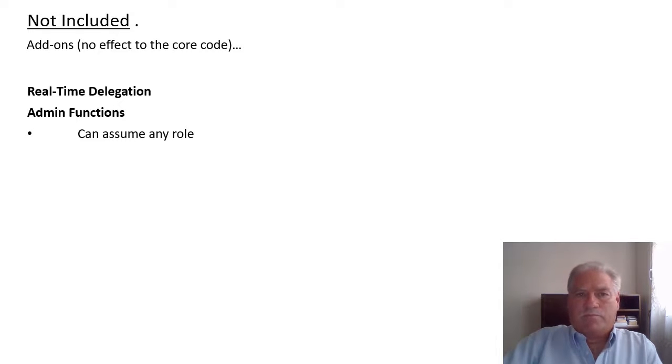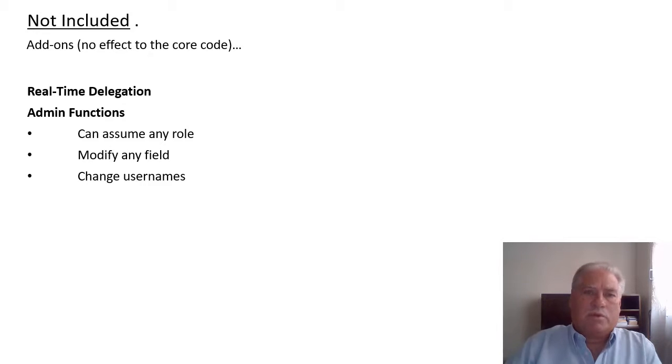Basically, the database administrator could assume any role in the process. Can be useful. Also to modify any field in the document, and that was via the view, or change usernames. For example, someone leaves the company and you want someone else to assume the role of that person for those documents that are already in the process.